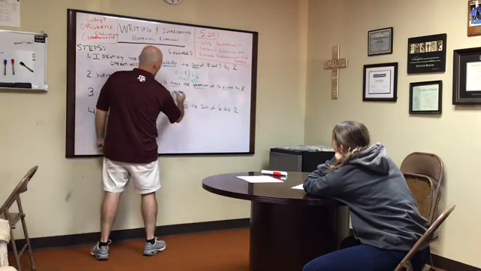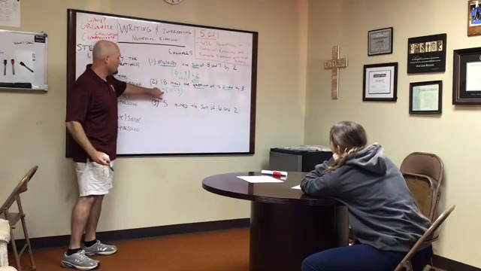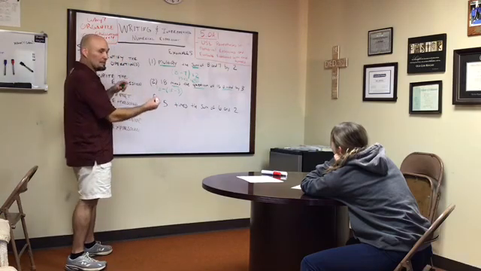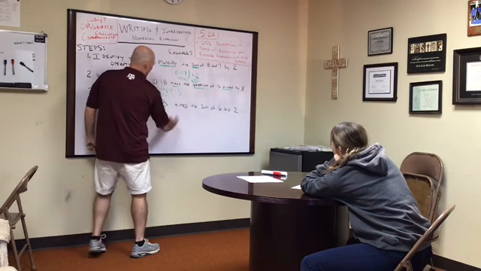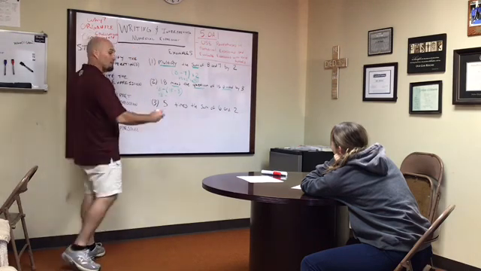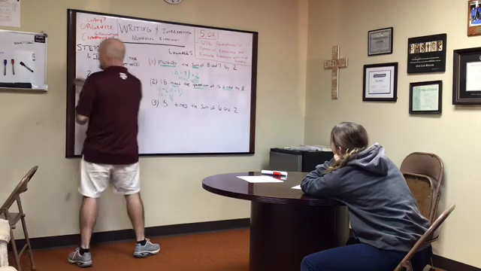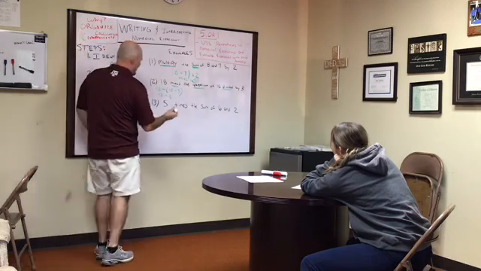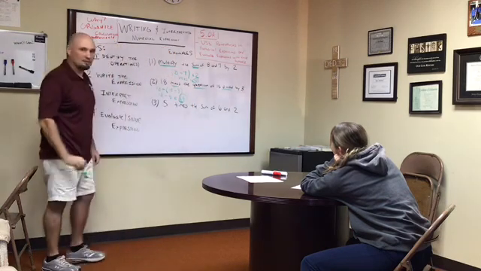The parentheses tell us that we're going to do what's on the inside first. So now we solve. 15 divided by 3 is 5. And then 18 minus 5 is 13. So 13 is our answer.